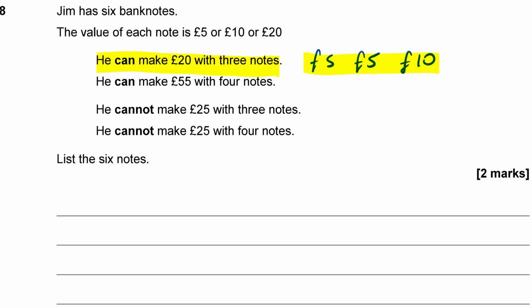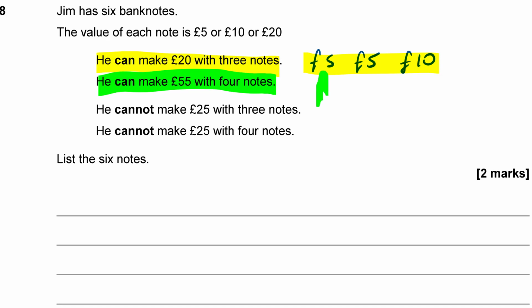Okay, let's have a look at the next one. He can make £55 with 4 notes. Okay, how many different ways are there of doing that? So let's think about this. If I had 2 £20 notes, then I'd have to make £15 with 2 notes, which I can do. That works.